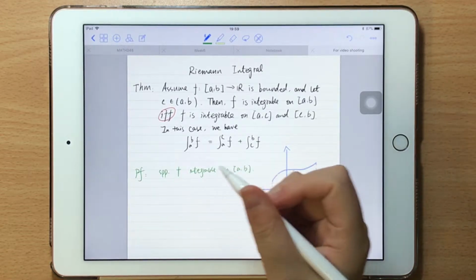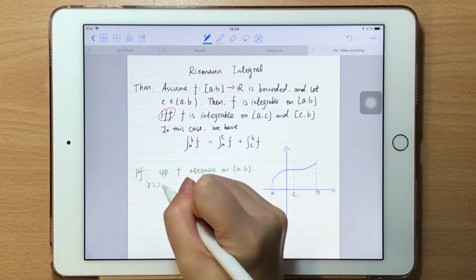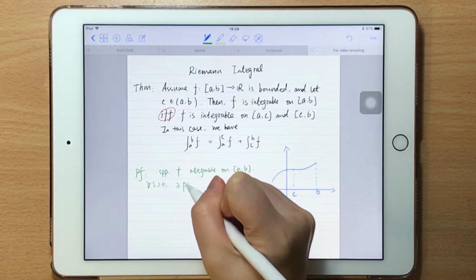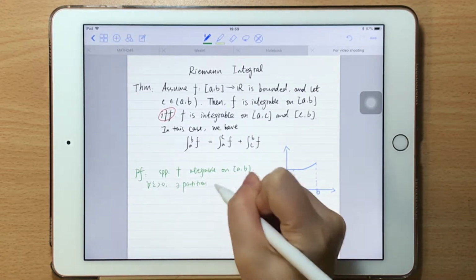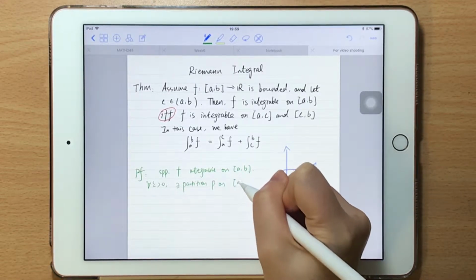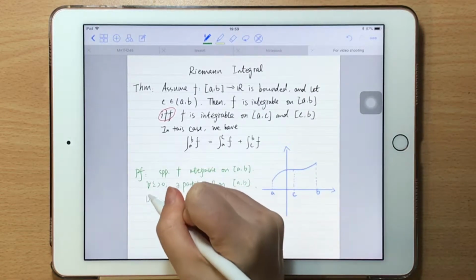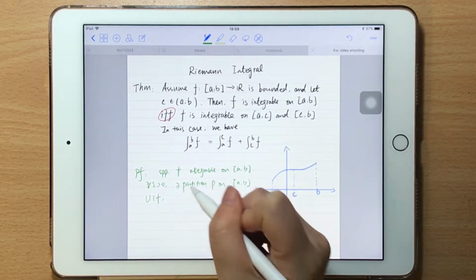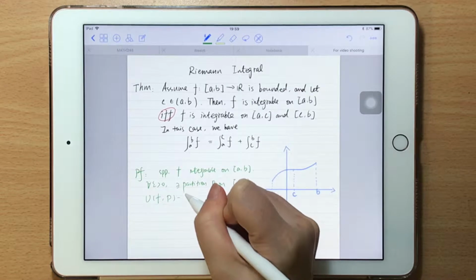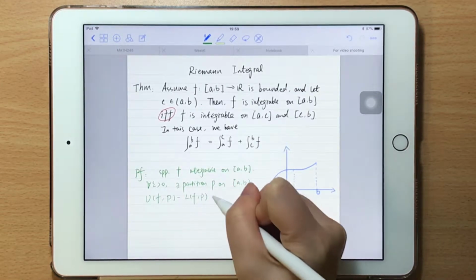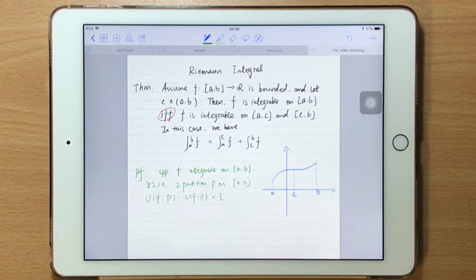We know that for any epsilon larger than 0, there is a partition P on [a,b] such that the upper sum of f with respect to P minus the lower sum is smaller than epsilon. This is the definition of integrability of f.